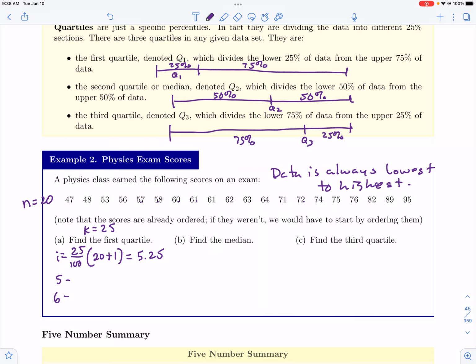So if we count over, 1, 2, 3, 4, 5, 57 is the number in the 5th position, and 58 is the number in the 6th position. So again, let's average them real quick. So 57 plus 58, all divided by 2, is 115 over 2, which gives us 57.5.